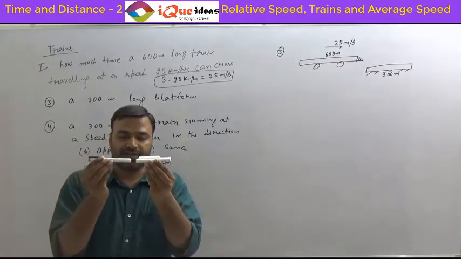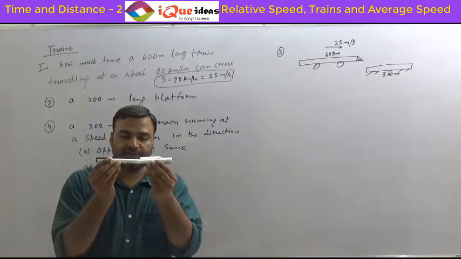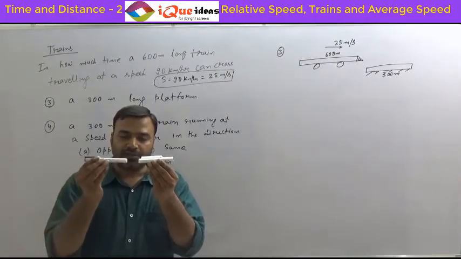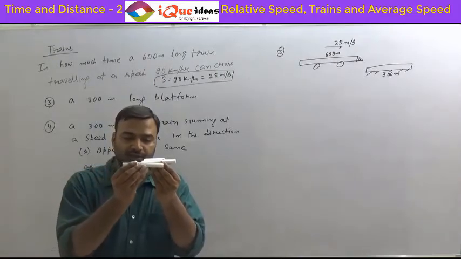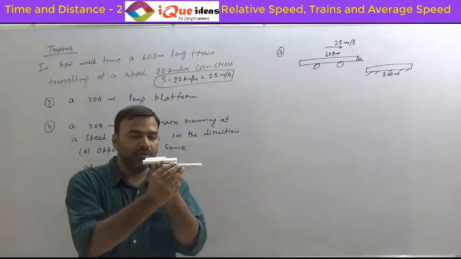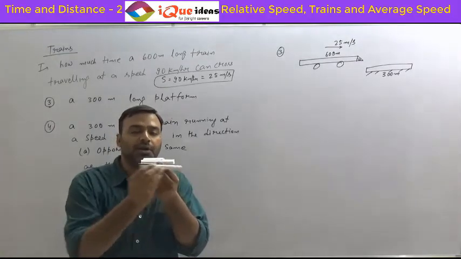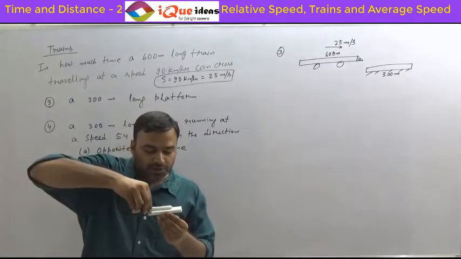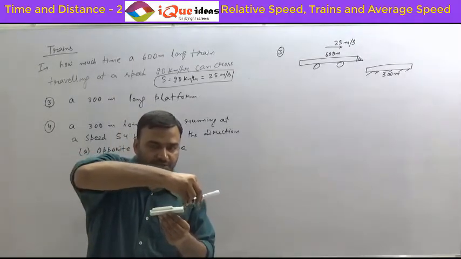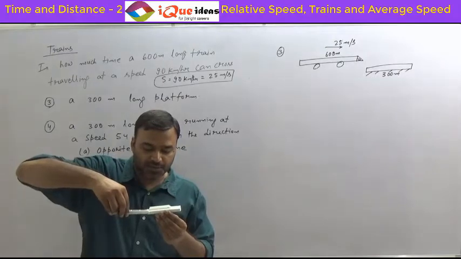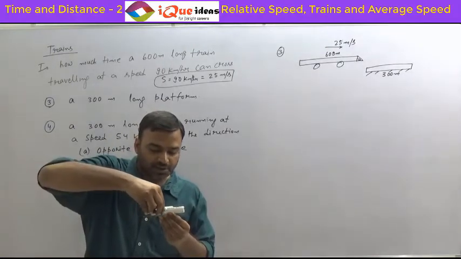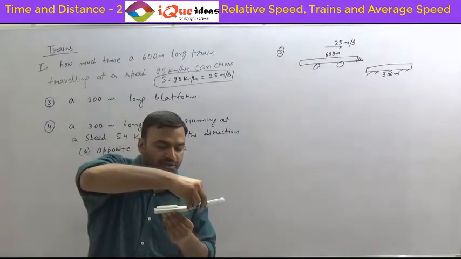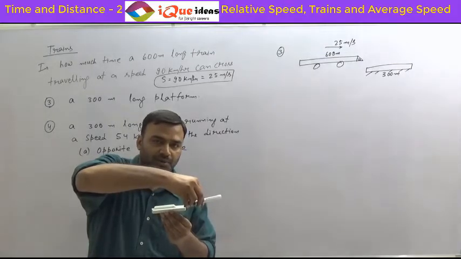So we start counting when the head approaches this position, continue, and then stop counting when the train has gone from this position to this position.